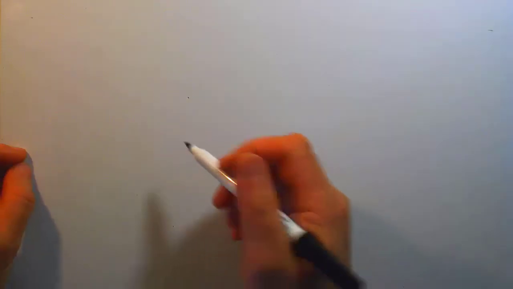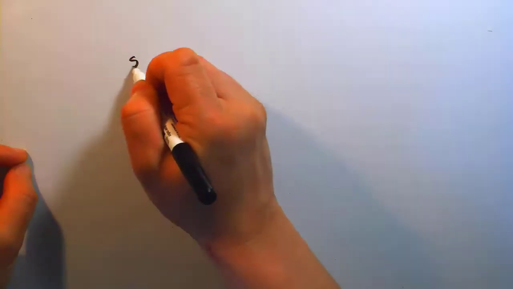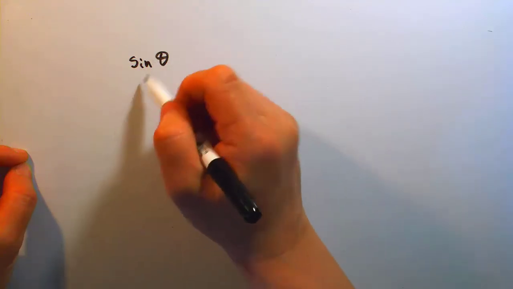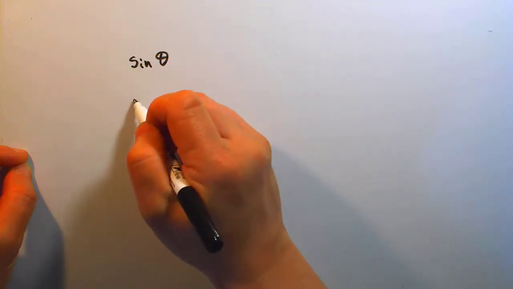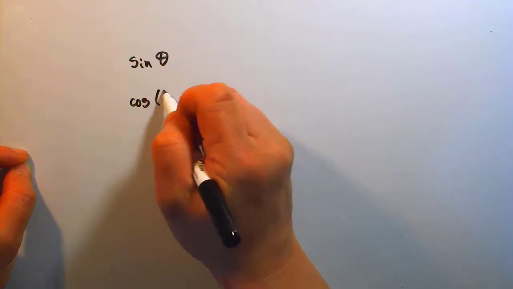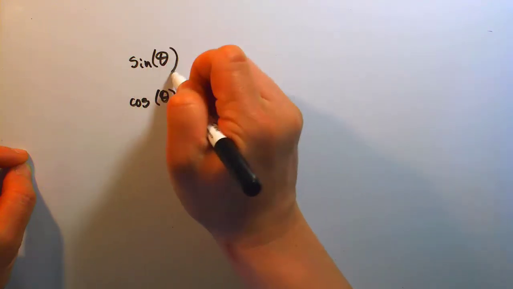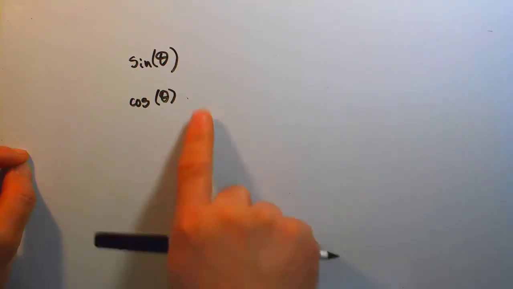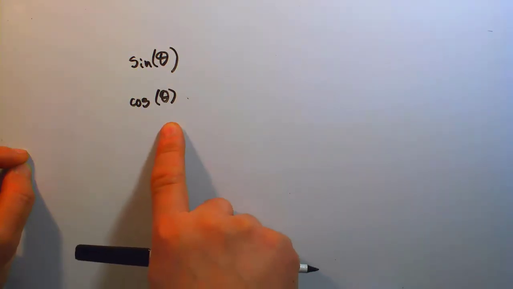So if we now put together a comprehensive list, then from the beginning we learn about what sine of an angle theta is. And then next we learn what cosine of an angle theta is. And then we spend a few days or maybe a week to do exercises and getting to know sine and cosine.